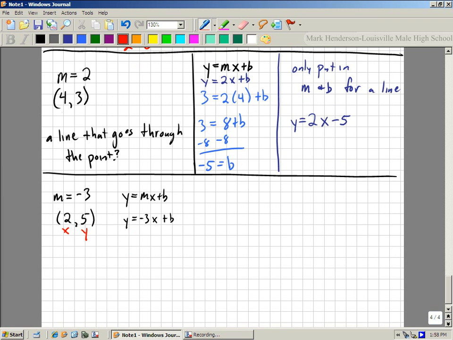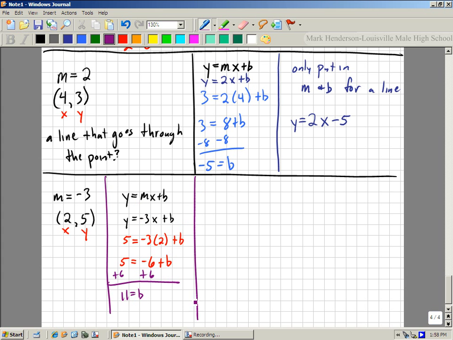I didn't label that up here, so let me go ahead and do that for your notes. So this is 5 equals negative 3 times 2 plus b. So 5 equals negative 6 plus b. I add 6 to both sides, and I get that 11 equals b.